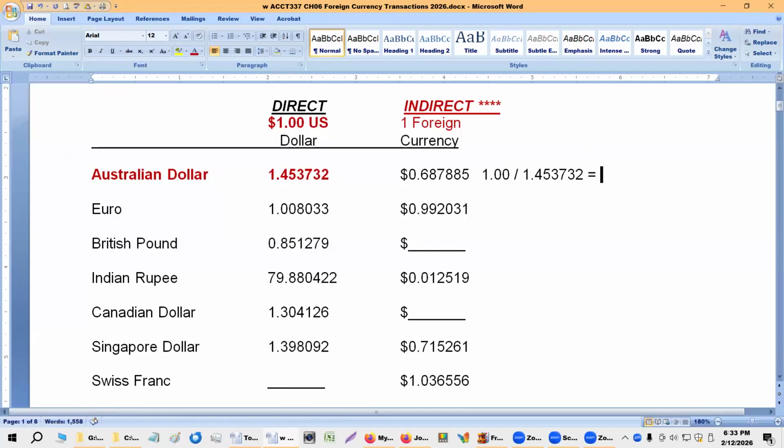It should come out to, or at least pretty close to, that number. All right, let me see if that works. It should work.